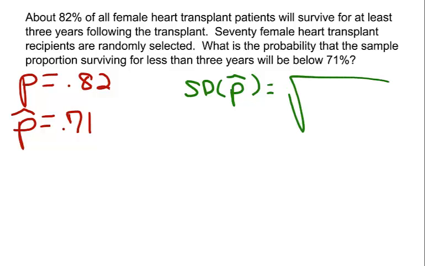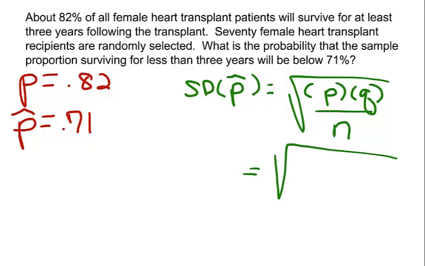Standard deviation of p-hat is equal to the square root of p times q divided by n. So in our case, we'll say the square root of 0.82 times the complement to p.